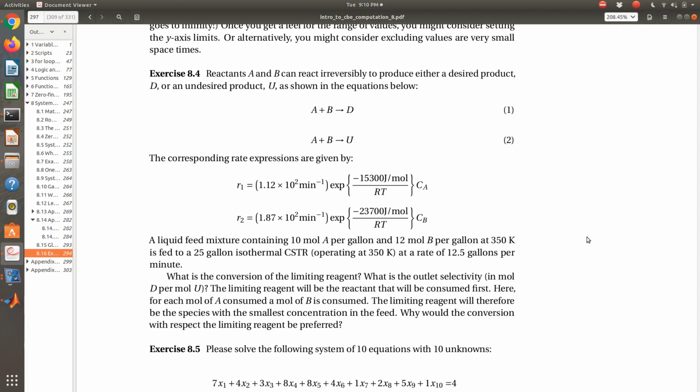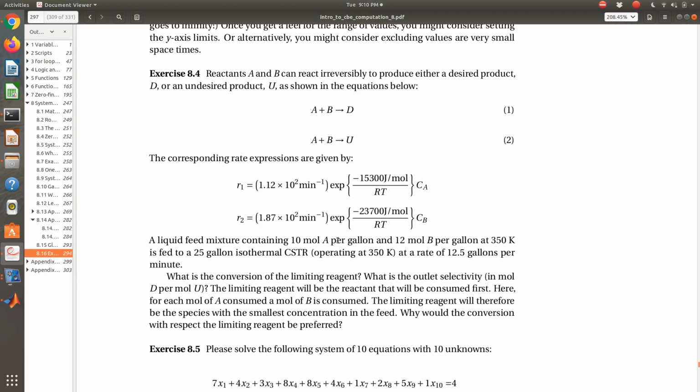Oh, so I believe the issue is due to this R2, right? So what's going to happen is that A plus B goes to D, A plus B goes to U. I know that A is my limiting reagent, because for every mole of A that reacts, I'm going to have a mole of B that's going to react. So A is going to be consumed first.